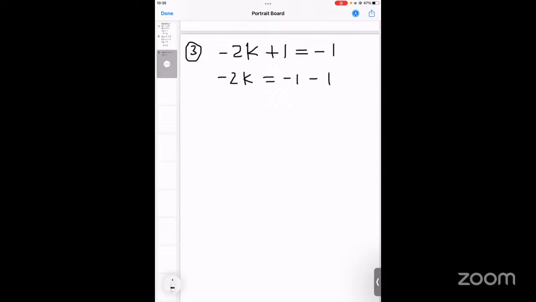And then I wrote negative 2k equals negative 2. And then after that, I wrote k equals 1.